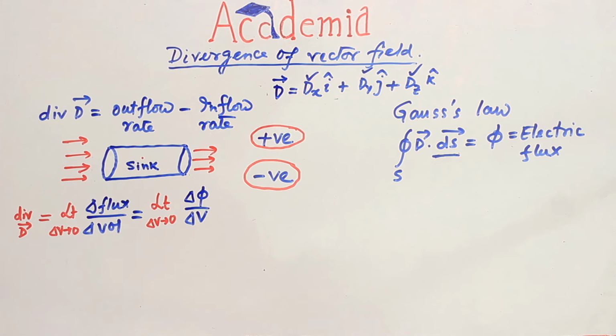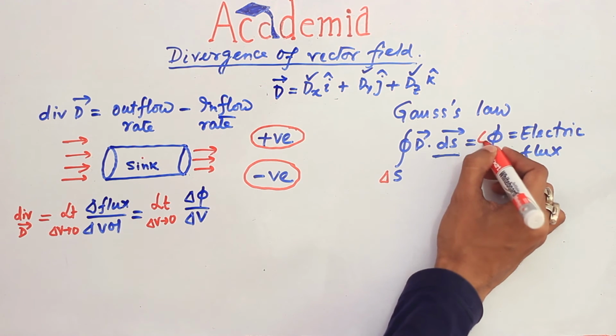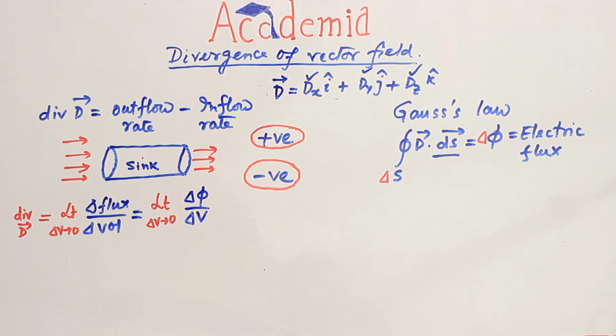From Gauss's law, we know the closed surface integration of D dot ds gives us phi. So if D passes through a small surface del s instead of s, then it should give del phi.